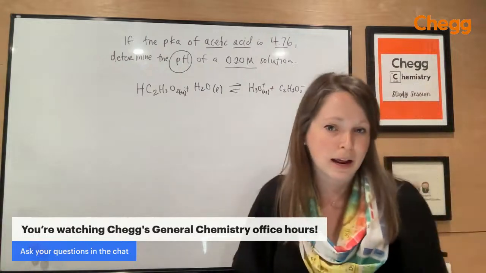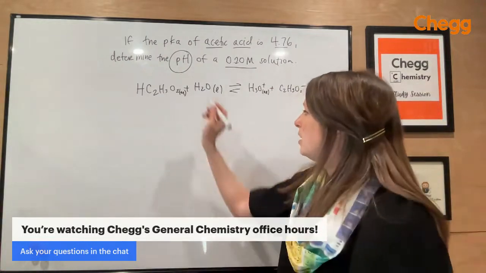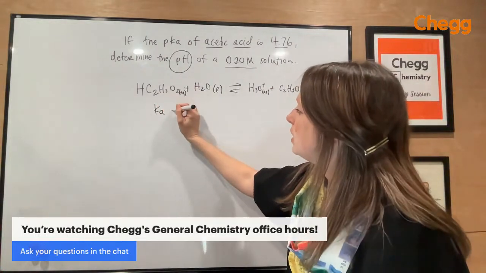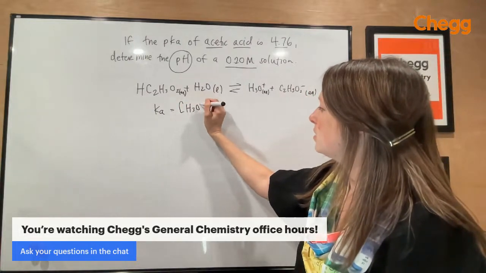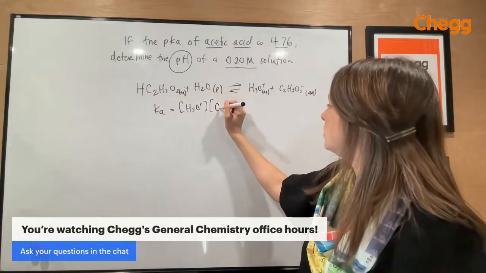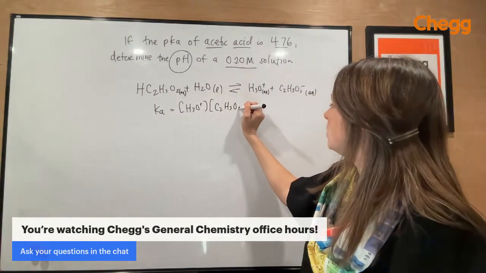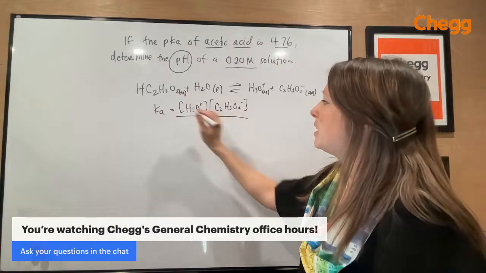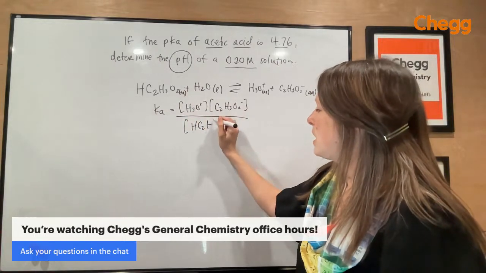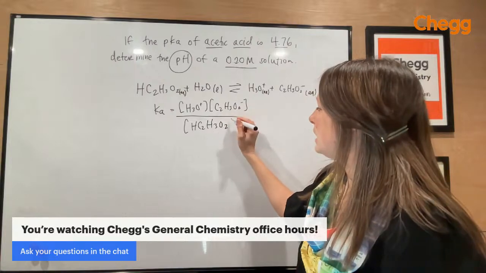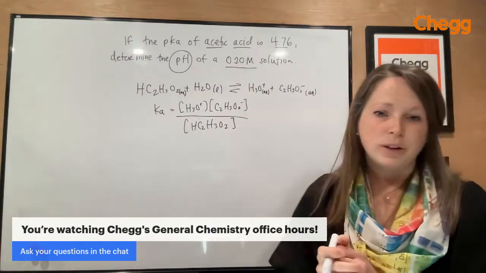So now if I wanted to write out my Ka expression, my acid dissociation constant, it's going to be equal to the concentration of my products divided by the concentration of my reactants. Notice I'm not including water in this. Why am I not including water?